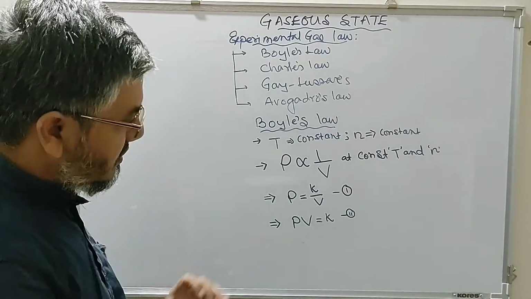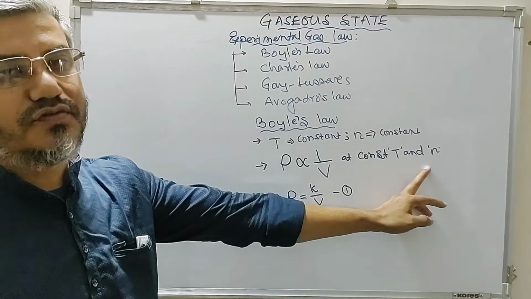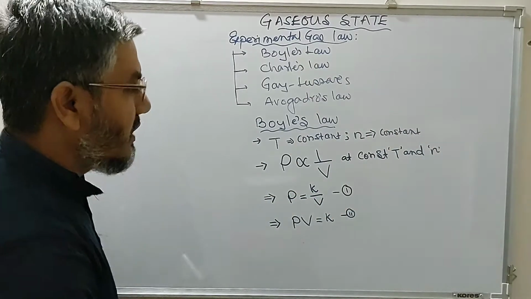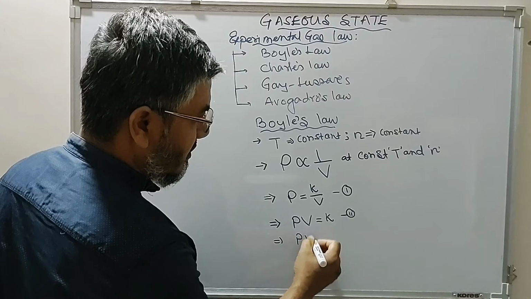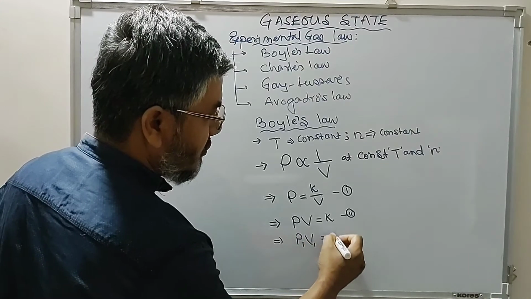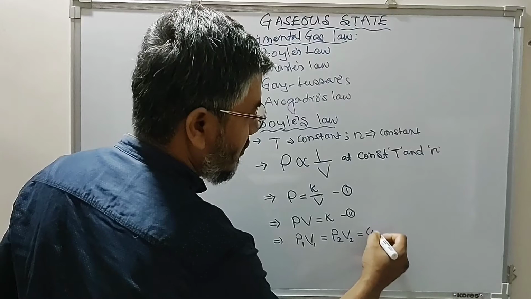So if pressure into volume is constant, that means temperature and amount of substance are remaining constant. If this is the case, then P1 V1 will always be equal to P2 V2, which is always a constant.